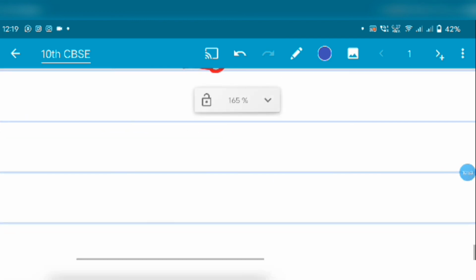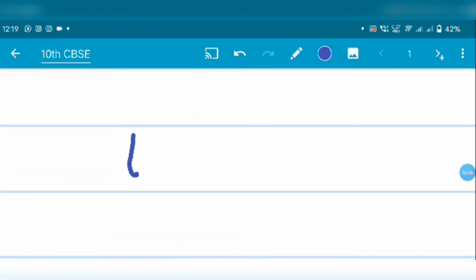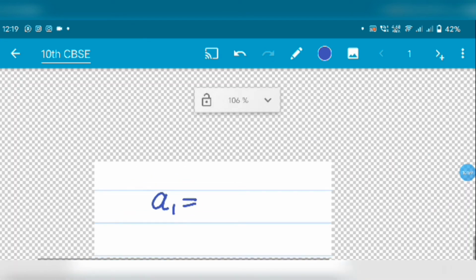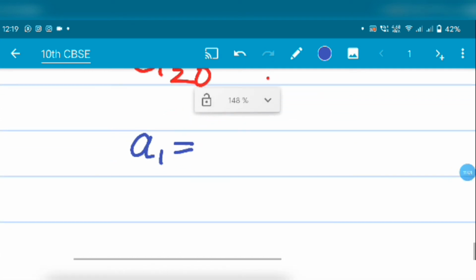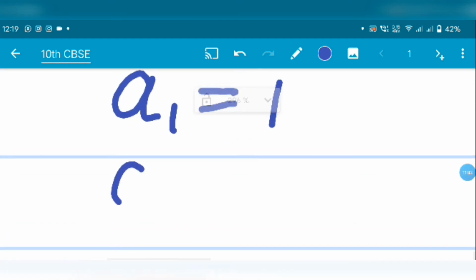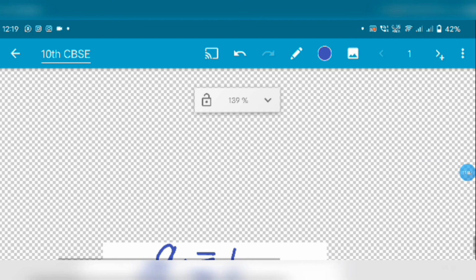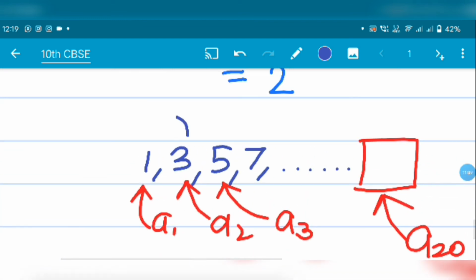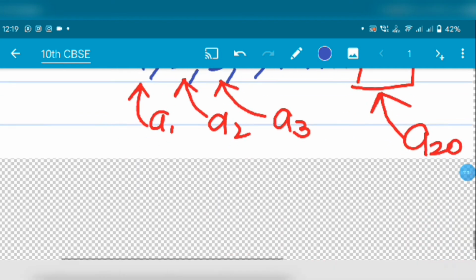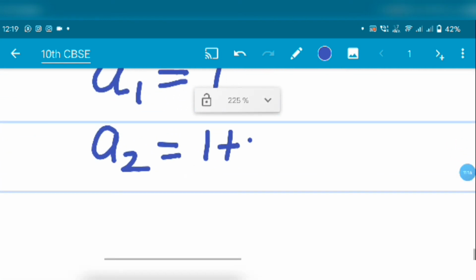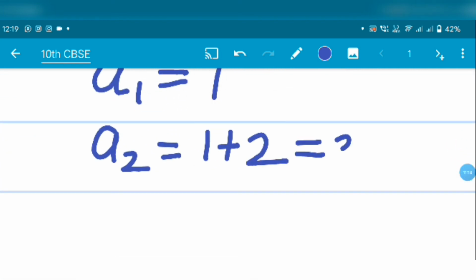See how. If I talk about the very first one, that is A1, that is nothing but our value, 1. If we talk about A2, that is 1 plus the difference between these two. The difference between these two is 2 every time. The constant difference is 2. So it is 1 plus 2, that is 3.